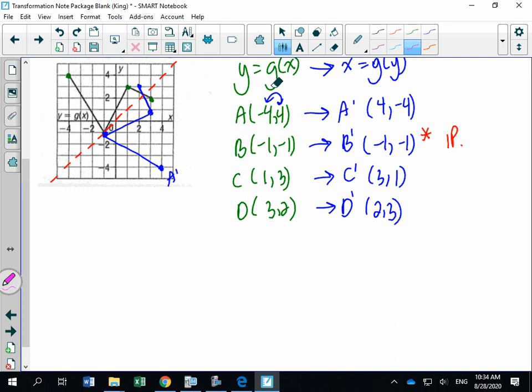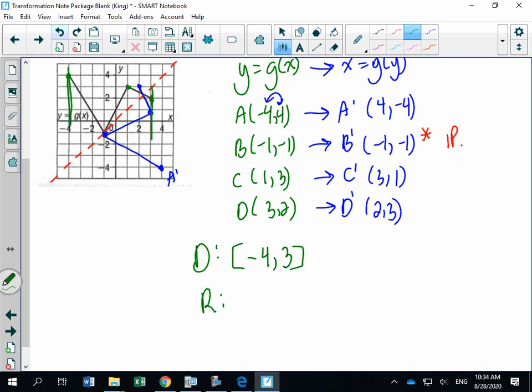Okay, so here's my function here, the green. So the domain of the green was, my domain was from -4 to 3, right? So my domain was -4 to 3. That should be a square bracket. So -4 to 3.